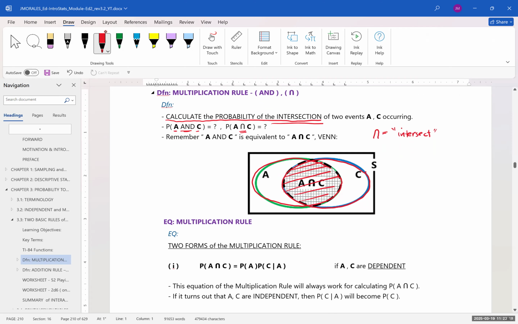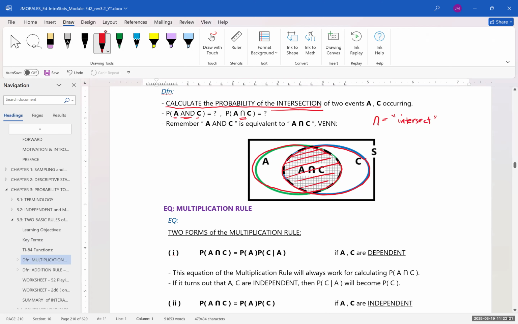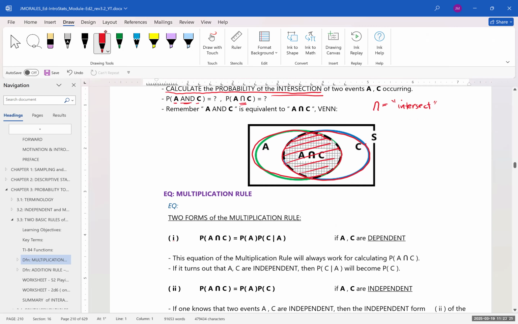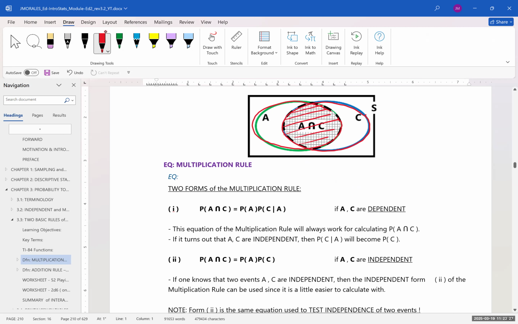All right, so when we go to calculate the probability of the intersection, the multiplication rule takes two forms. And I think you'll see that these two forms look familiar because these two forms were responsible for testing independence, right?